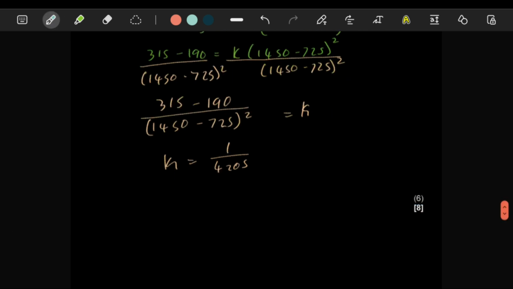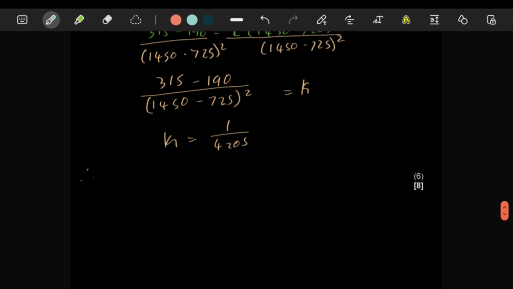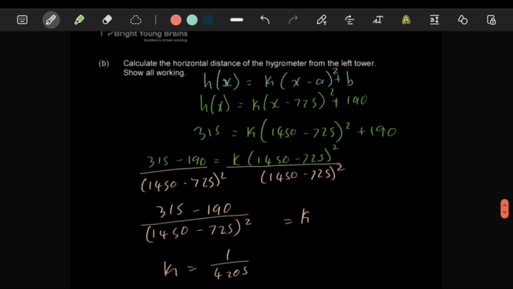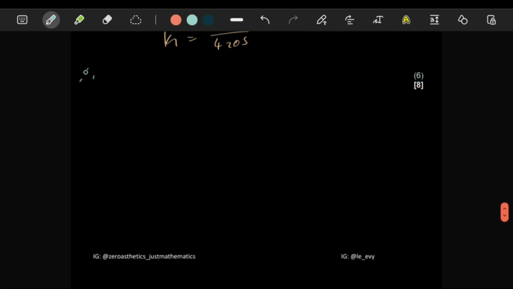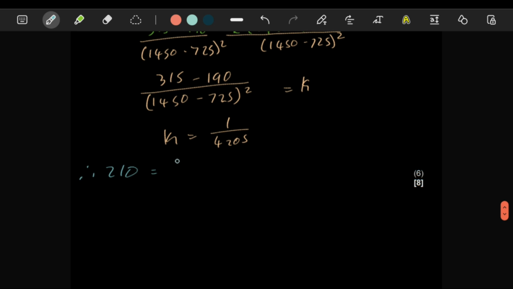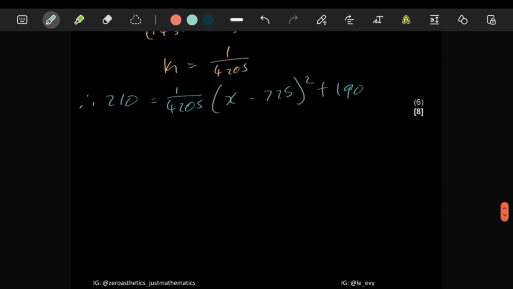So here, our y value we know is 210, and our k value we worked out to be 1 over 4205. The x value is what we're looking for, minus 725 squared plus 190.